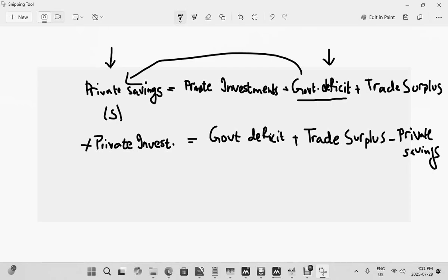So this will become negative, this will become positive, and this will become negative. Your private investment will be private savings, minus government deficit, minus trade surplus.